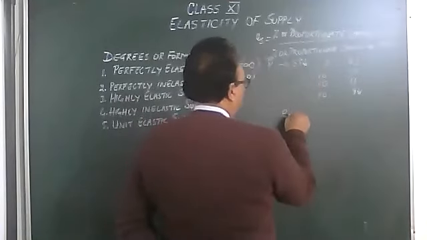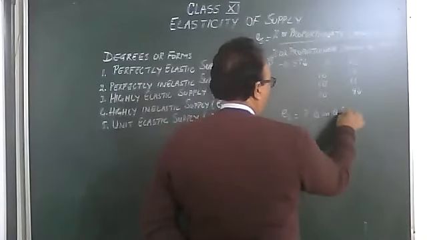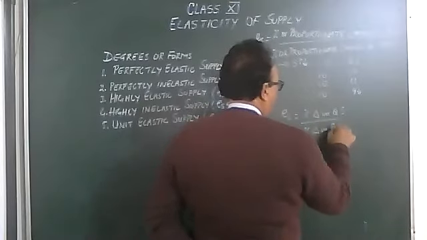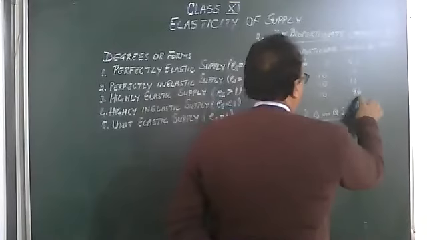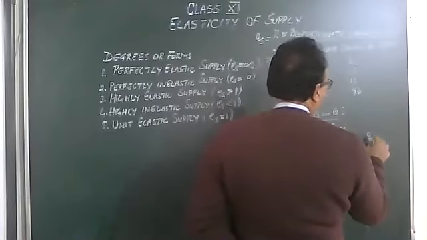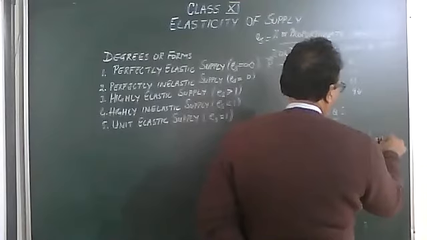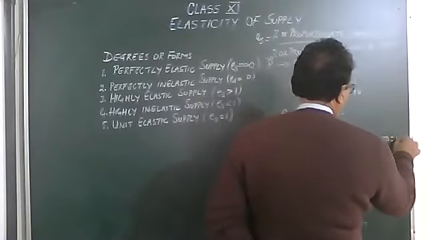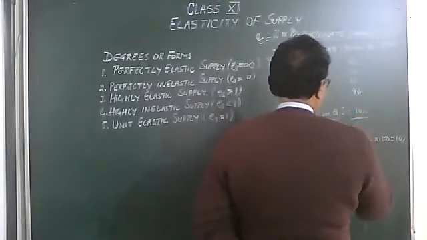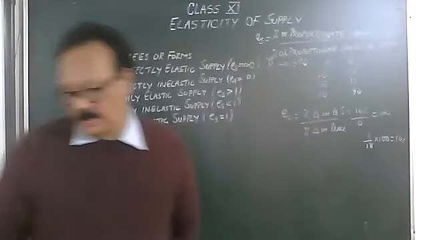We know elasticity of supply is the percentage change in quantity supplied upon percentage change in price. Change 9 upon 10 is how much? 1. 1 upon 10 into 100 is equal to 10%. Here it is 10%. Change in price 0, so that is equal to infinity.